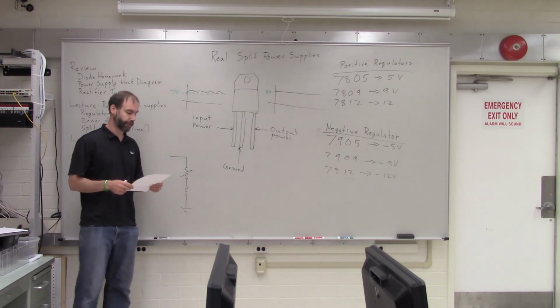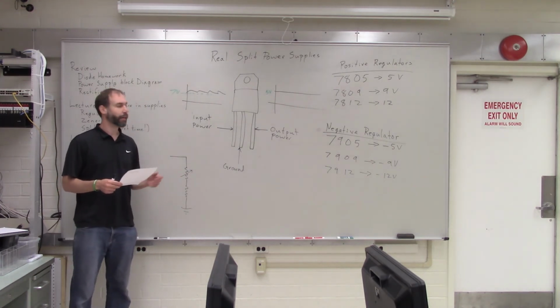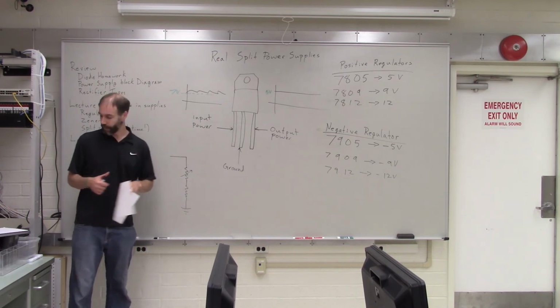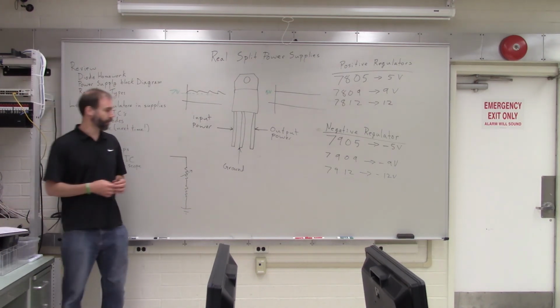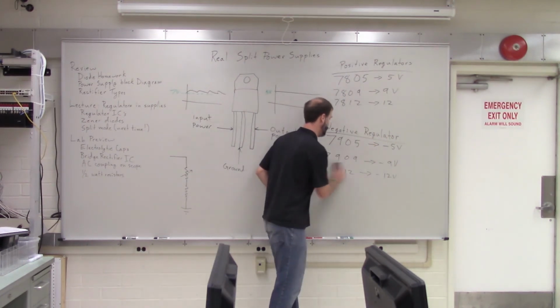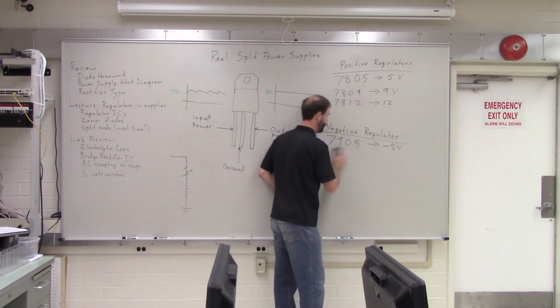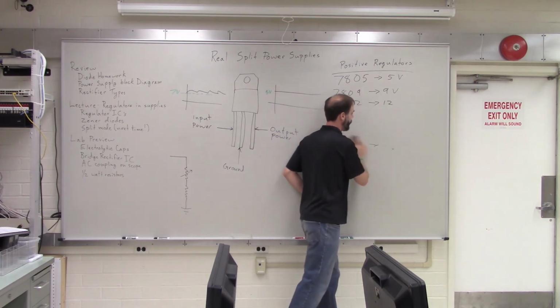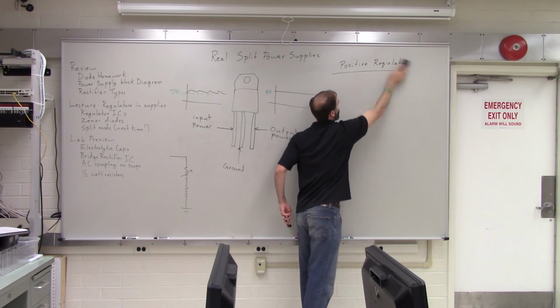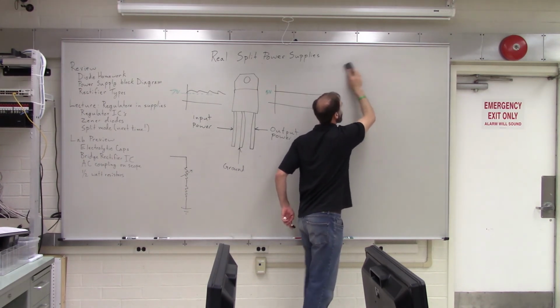And then it's also possible to create your own very simple regulator without using an integrated circuit at all. I think we mentioned this briefly a couple of classes ago. Yeah, Zener Diodes, exactly.